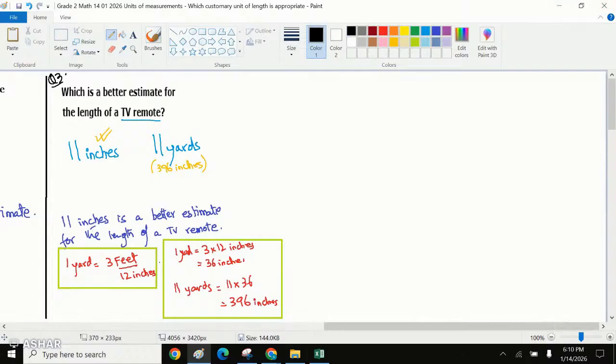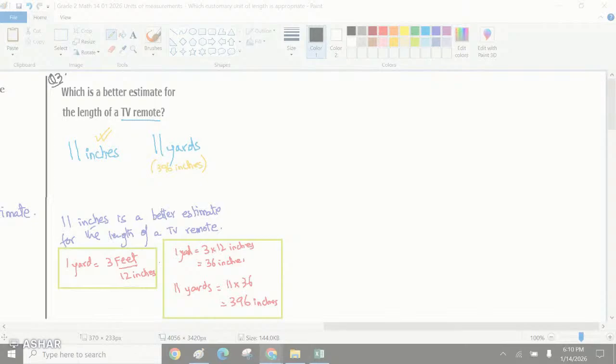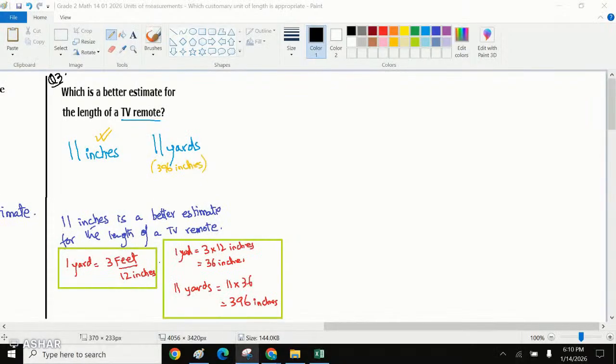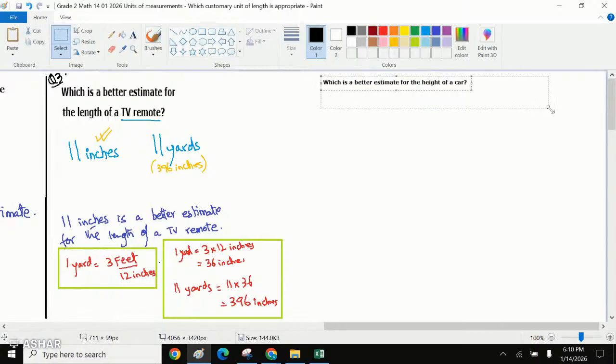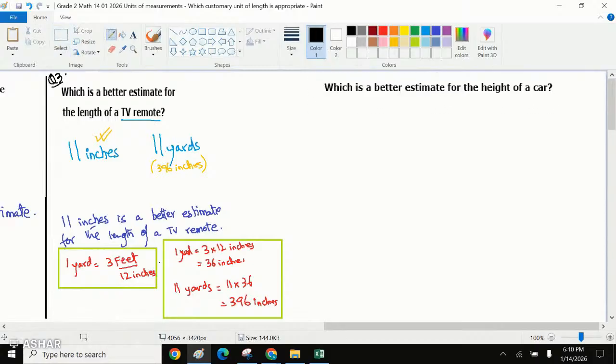The next we have is the height of a car. We know that the height of a car, when we are sitting in a car, could be a variable length. Let's see what are the two options given to us. Let me just bring it down.